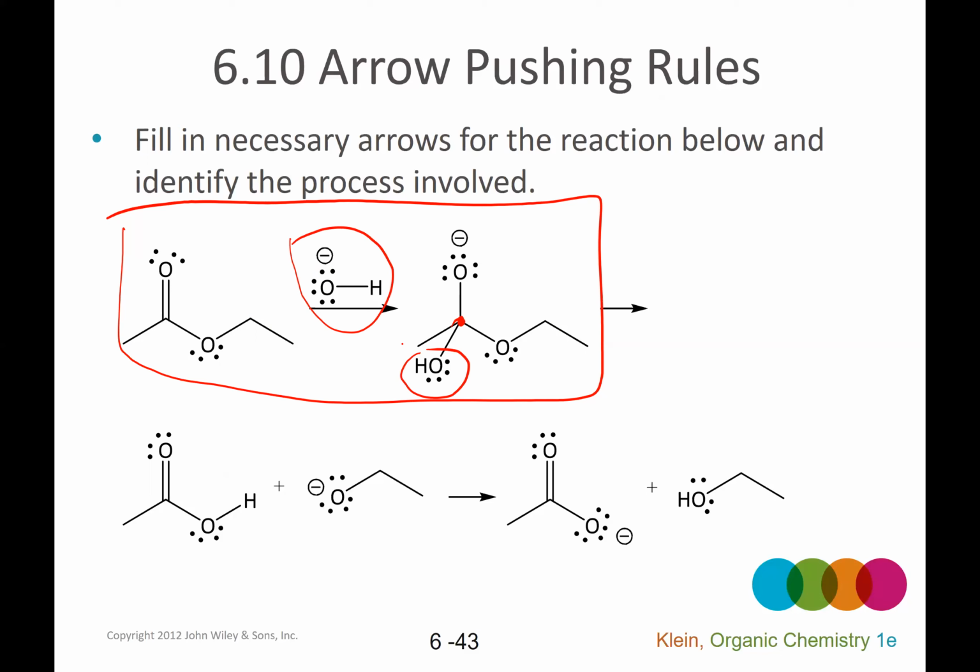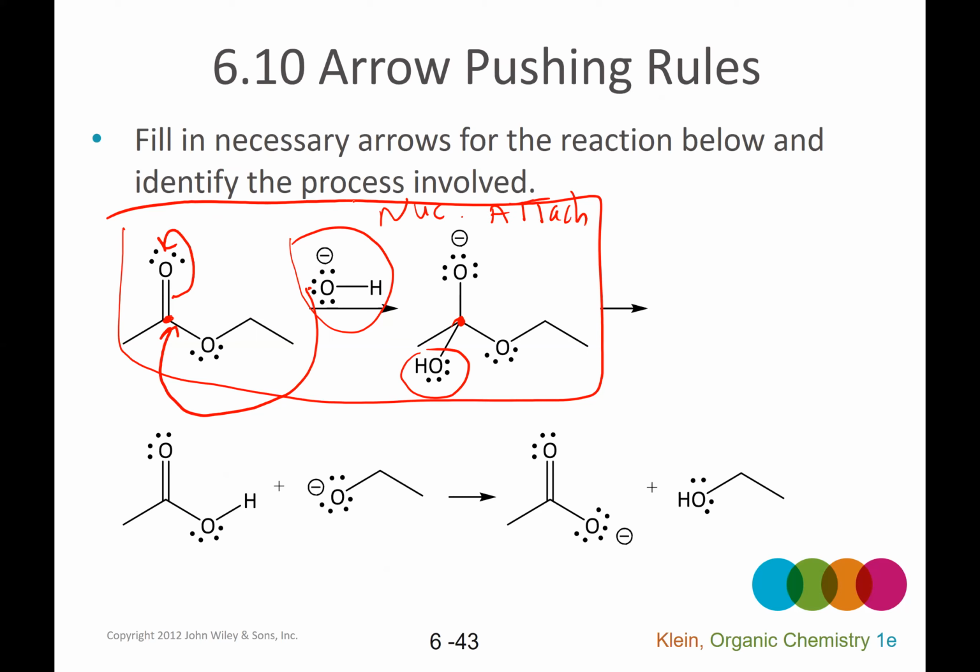Everything else is the same. So you form a bond to the carbon. So one of these lone pairs must have attacked that carbon. And since this has 4 bonds, you can't have 5, the pi electrons move on to the oxygen. So the basic process here is nucleophilic attack.